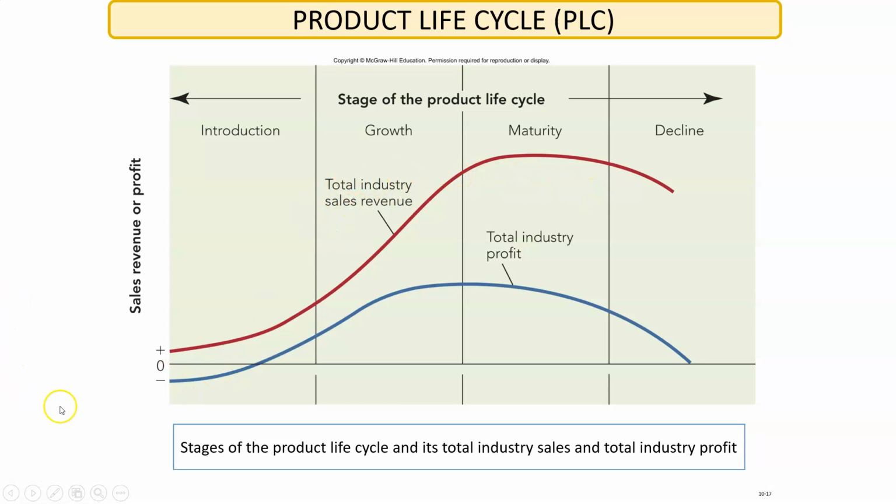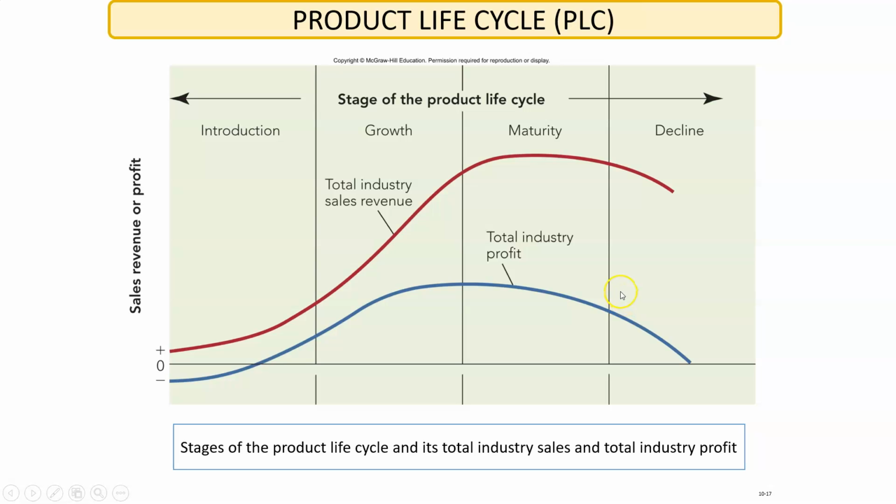The blue line, profits, changes as well, but not quite in tandem with sales. You can see how industry profits start to decline, even as technically revenue and sales continue to be higher. In decline, you might see profits go down to 0, or perhaps just hover and linger depending on what your firm does at that stage.